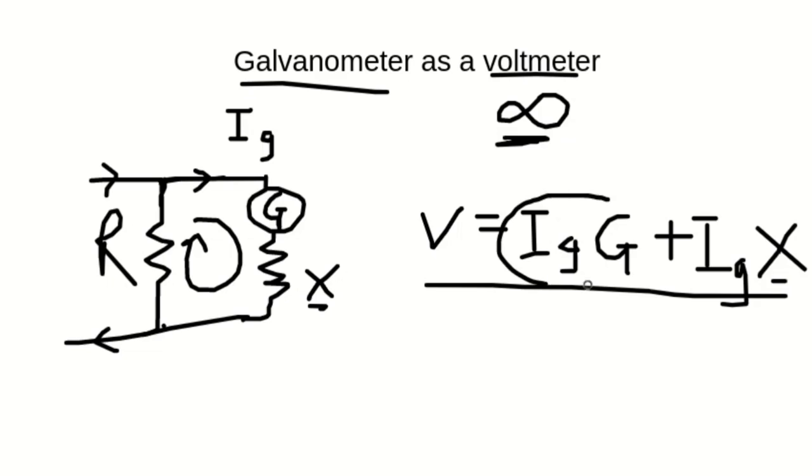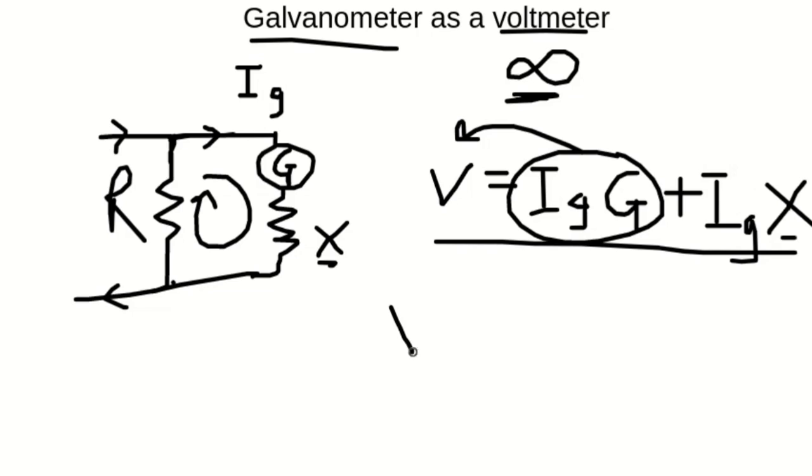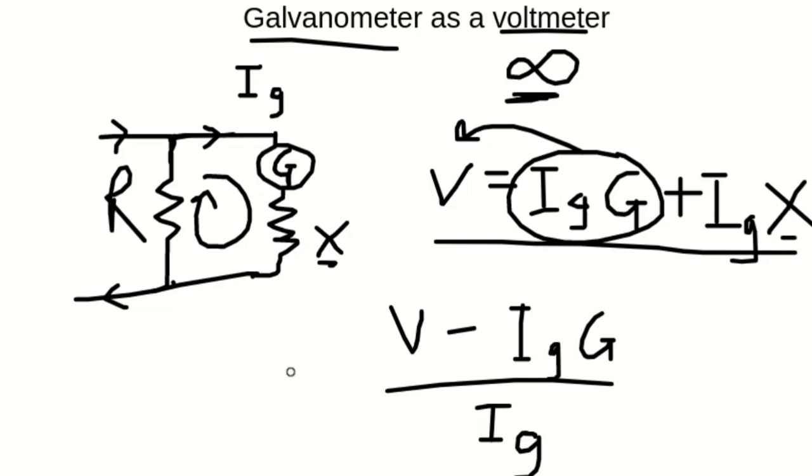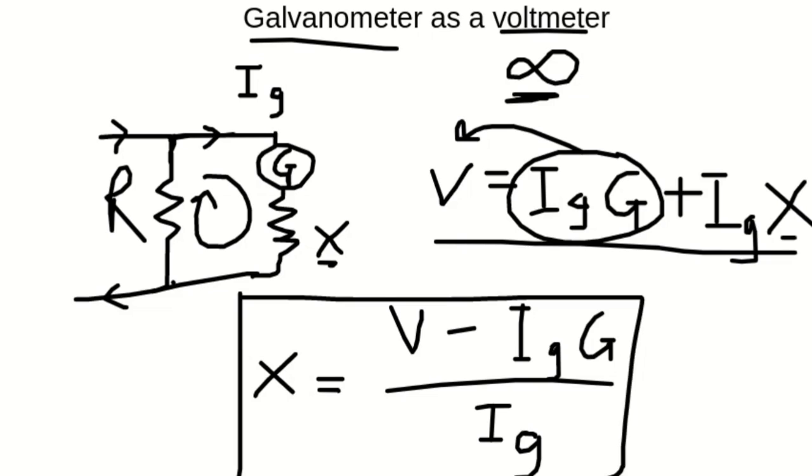So I will move this part to the LHS, and then divide V minus Ig G by Ig. So we get (V minus Ig into G) divided by Ig, and this is equal to X. This is the unknown resistance which we have to add with the galvanometer in series to make it work as a voltmeter.